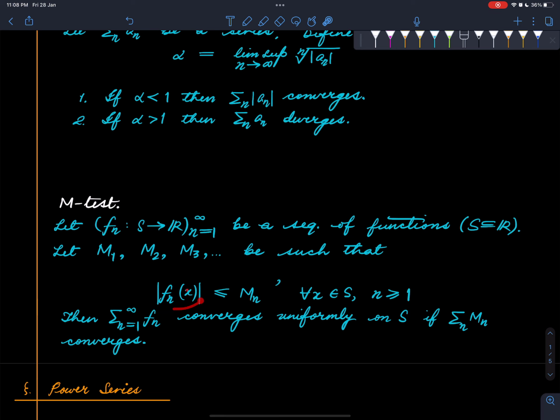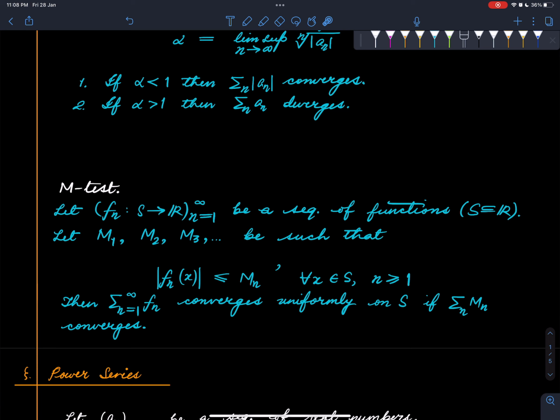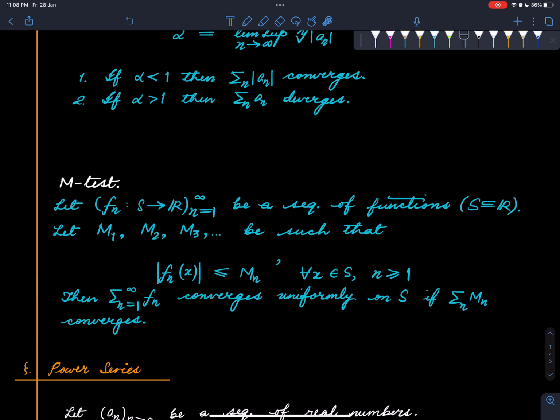For each little x, this absolute value is bounded by mn. Then this series converges uniformly provided the series of mn converges. So it's a very useful test, and we'll see how it is useful.